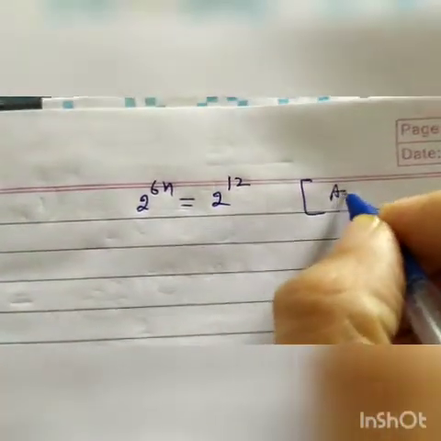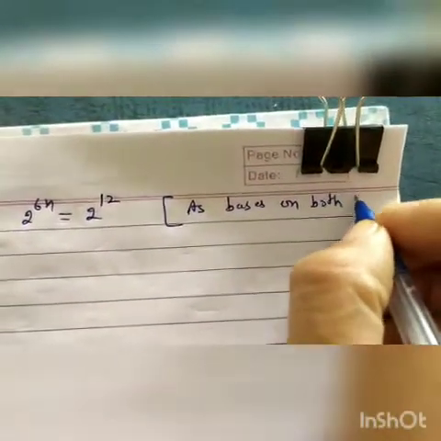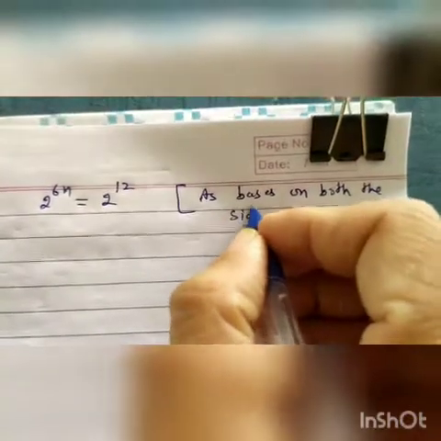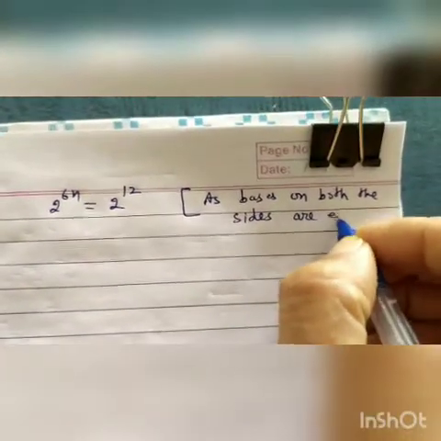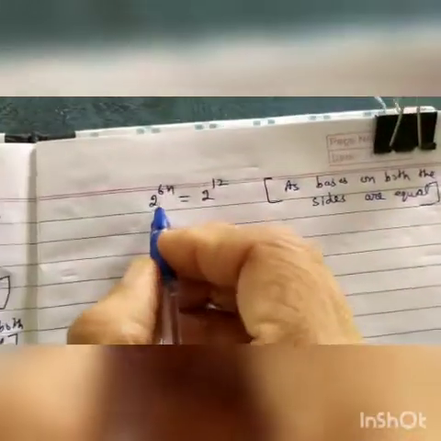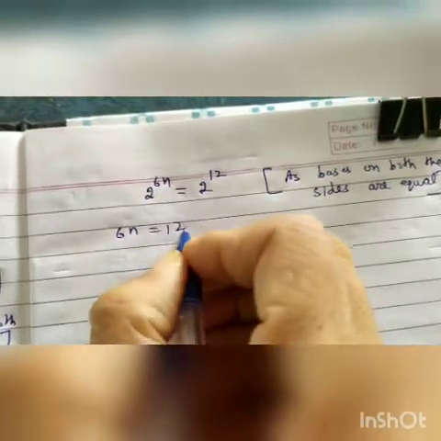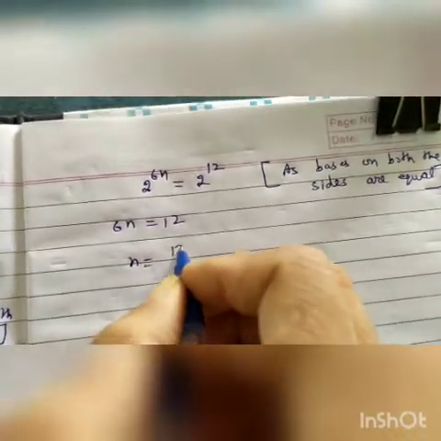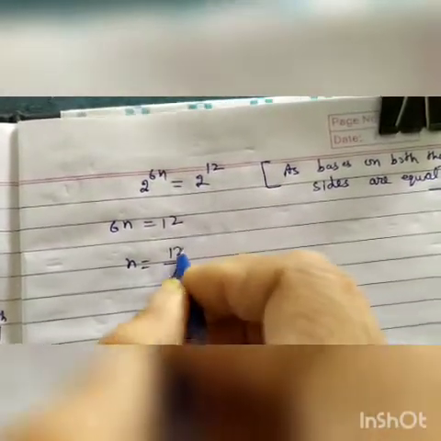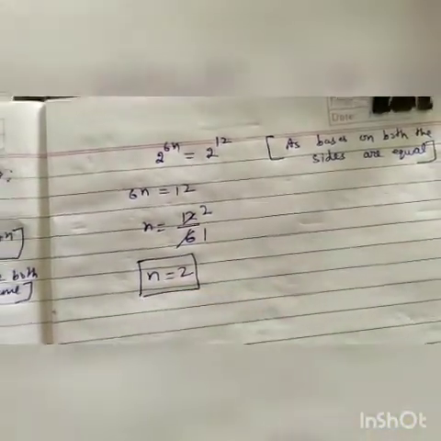Again, the bases on both the sides are equal, so we can neglect these bases. Then we will write 6n is equal to 12. n is equal to 12 upon 6. 6 1 is 6, 6 2 is 12. So n is equal to 2.